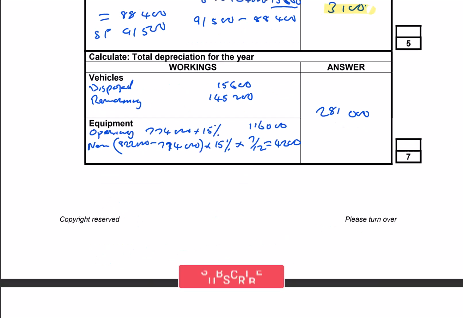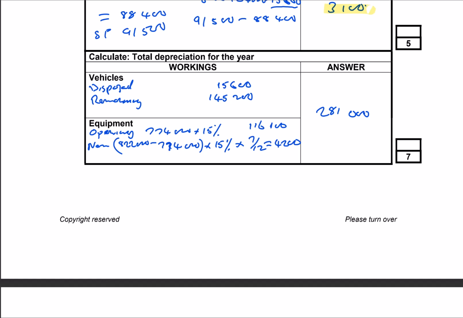Let's start double checking calculations to make sure that I got everything correct. 774,000 times 15%. Now this should be 116,100. The other ones I calculated earlier.